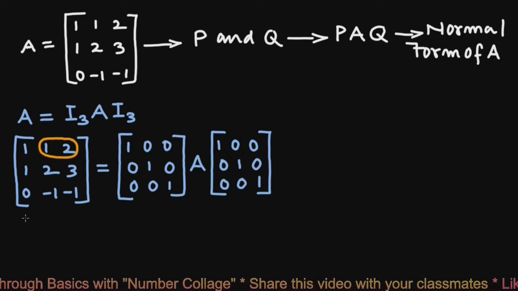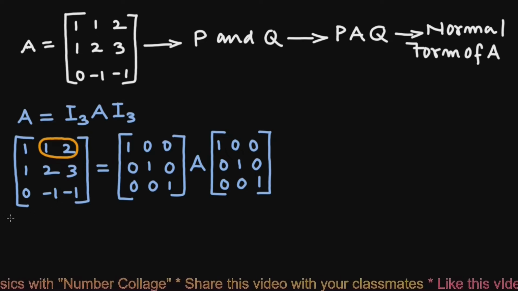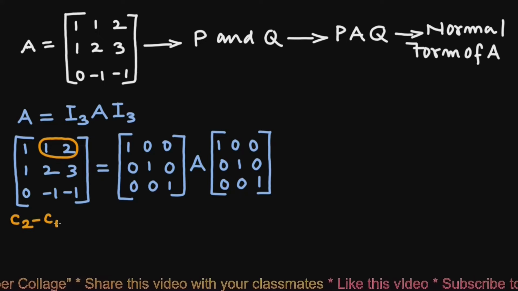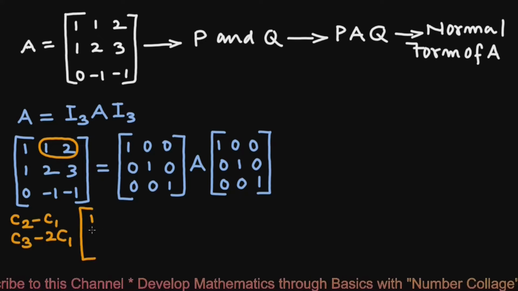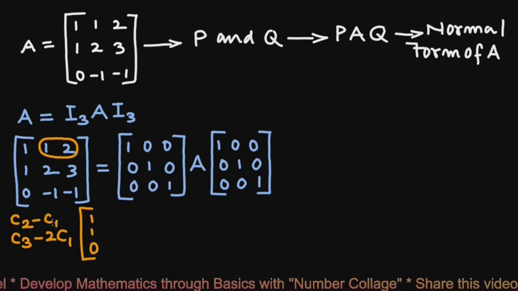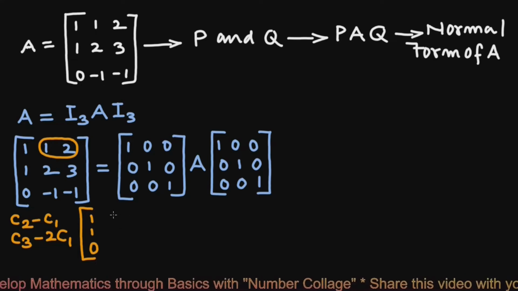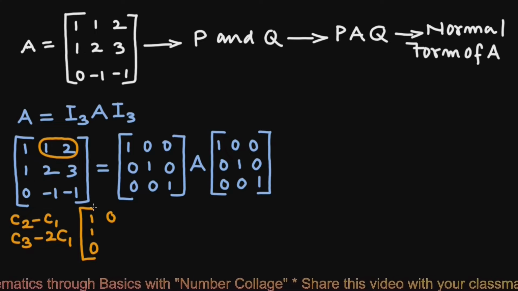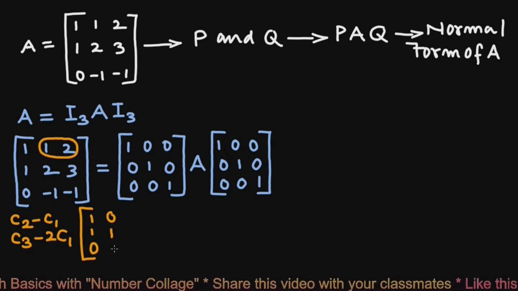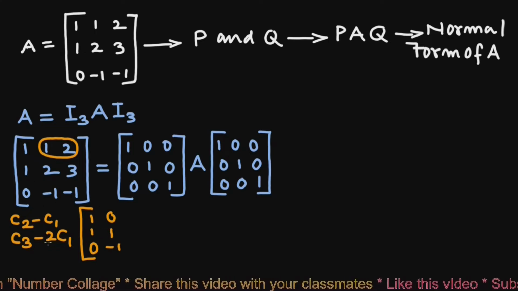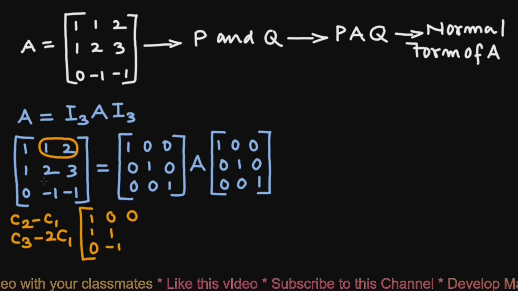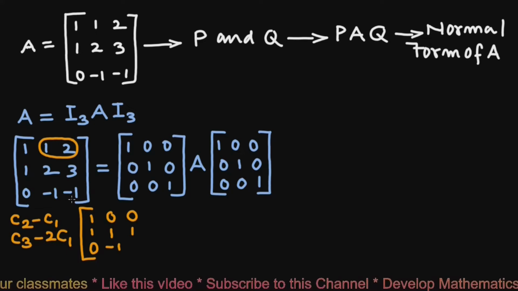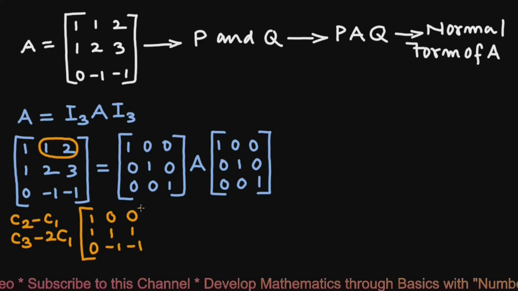For that we have to perform column transformation C2 minus C1 and C3 minus 2C1. First column will be the same, C2 minus C1 will be 1 minus 1 = 0, 2 minus 1 = 1, -1 minus 0 = -1. C3 minus 2C1 will be 2 minus 2 = 0, 3 minus 2 = 1, -1 minus 0 = -1.